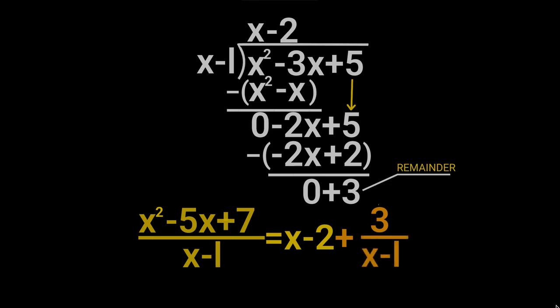So the solution here is x minus 2 plus 3 over x minus 1. That is our solution to this problem.